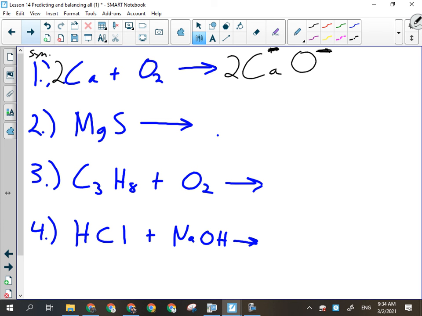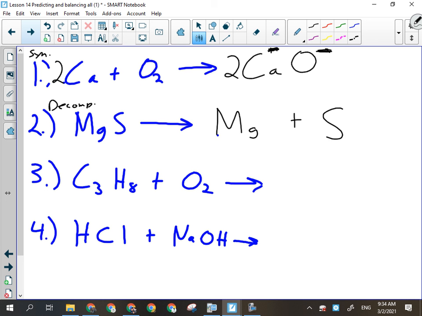It's decomposition. We only have one reaction type that has a single reactant. The only thing that can happen if you only have one reactant is for that reactant to break down. There's nothing for it to react with. So this is a decomposition reaction. That's step one. What happens in a decomposition reaction? They separate. They become separate elements. So the two elements that will be separated here are magnesium and sulfur.